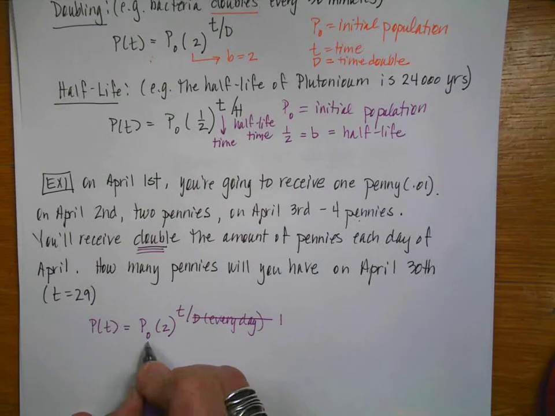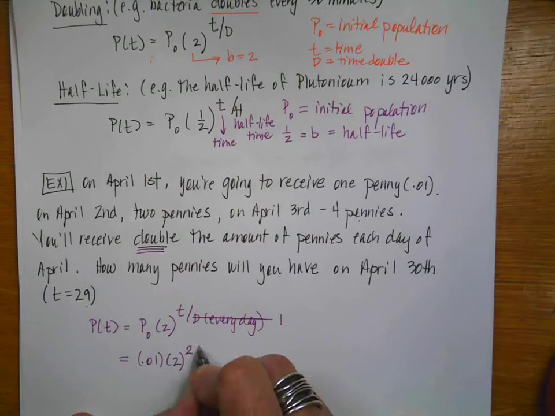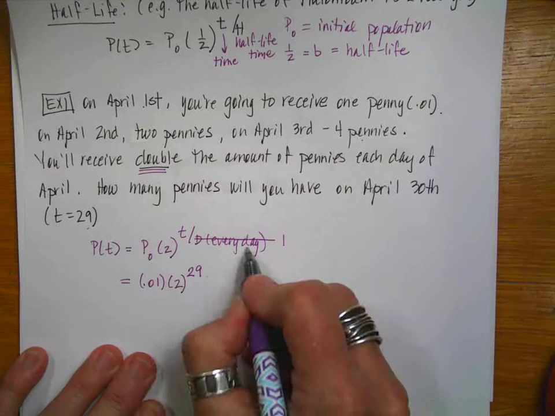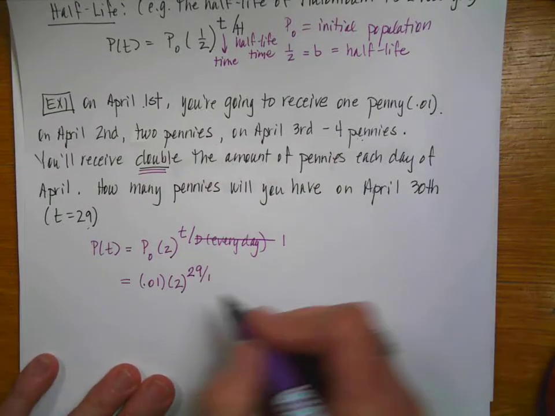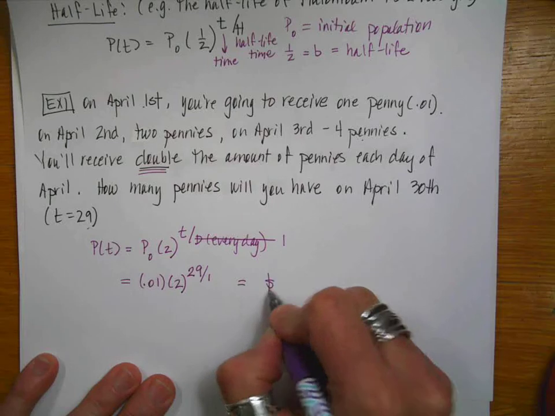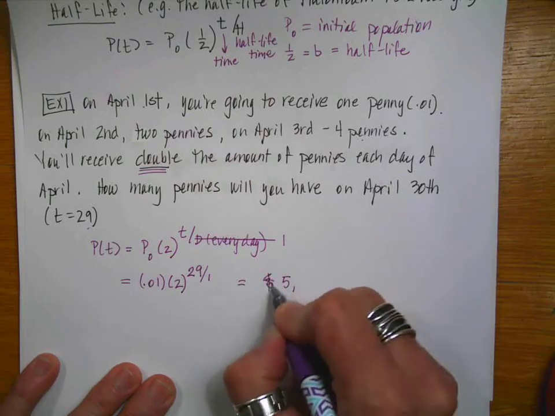Okay, so then if I substitute what I know, on the first day I have 1 penny. It's going to double every day, and then we said that my time was equal to 29, so if I raise that to the 29, and technically it was doubling every day, so I could divide by 1, but it's still just 29.